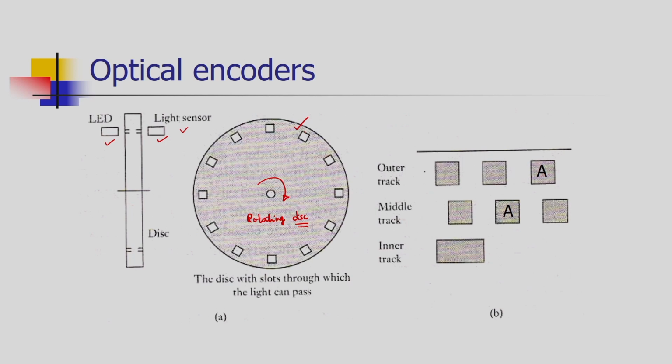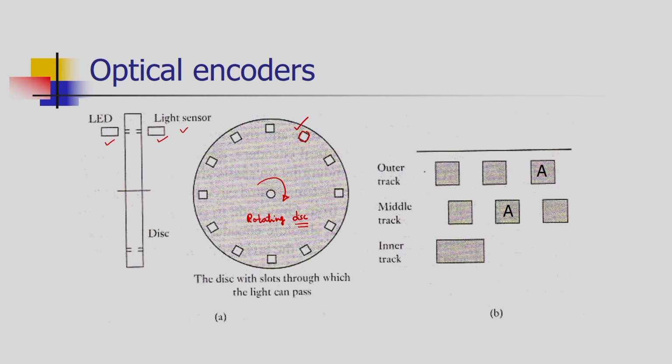When these perforated holes come in the passage of the LED light, the light will pass through these holes and we get sensing of the light at the light sensor. When light passes through one hole, we get one pulse. In this way, the number of pulses gives us the idea about the angular movement of the disc. The sequence of the pulse or the frequency of pulse will give you the angular velocity.